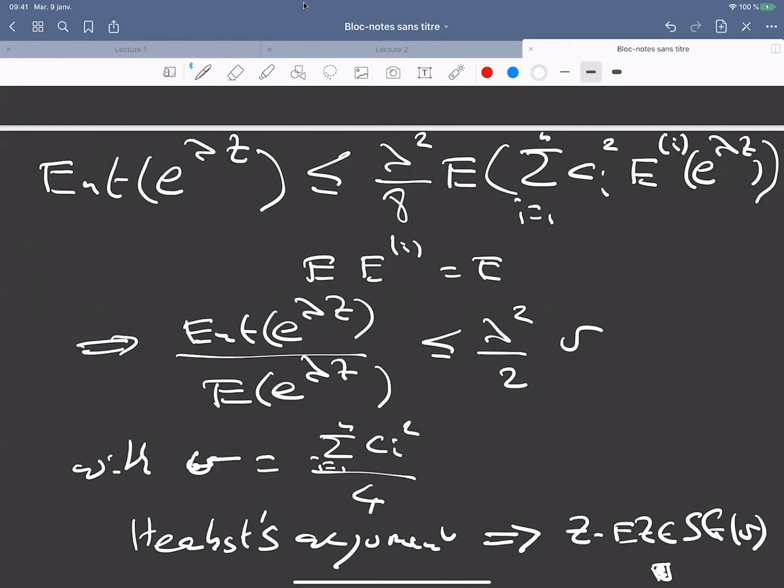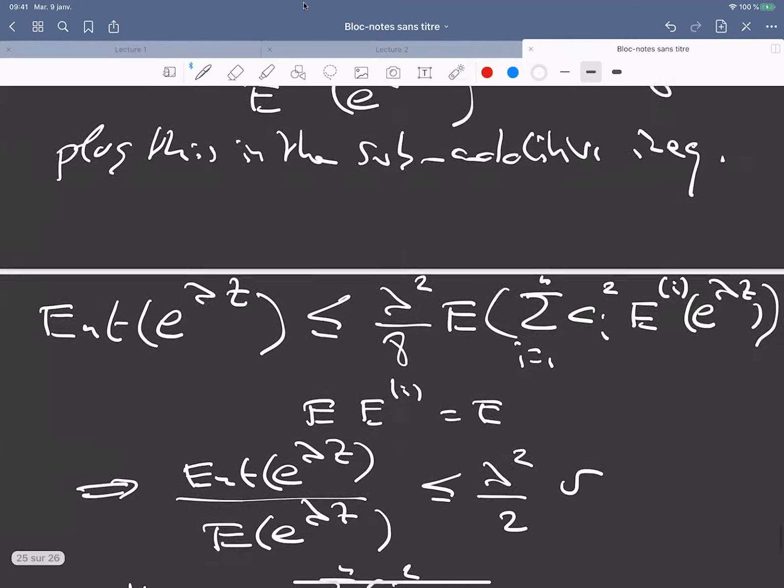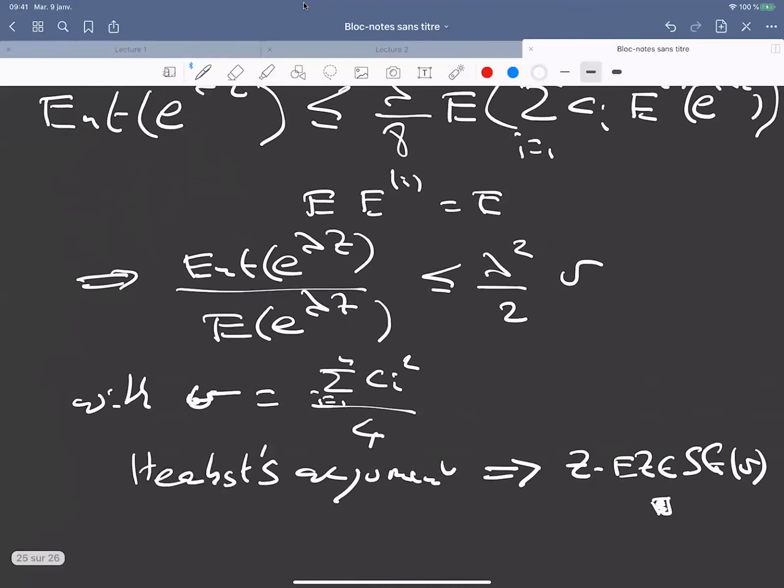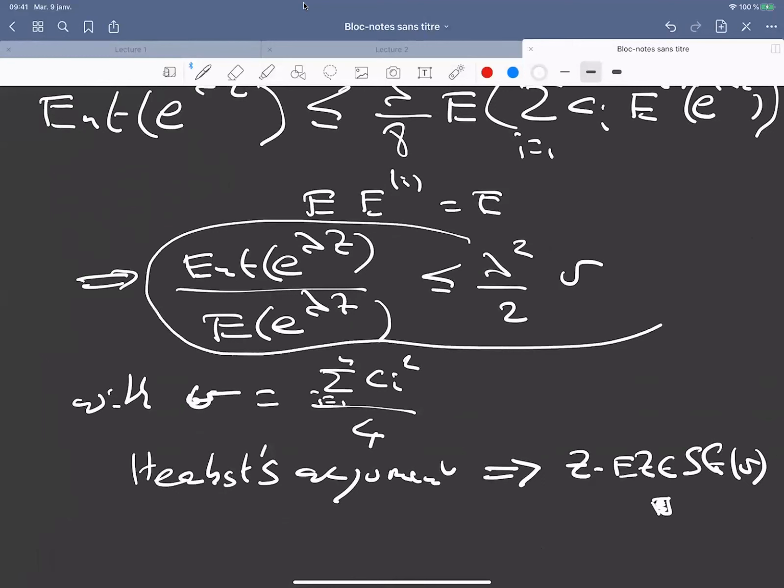So you see, this is very neat and clever in some sense, because this way of seeing a sub-Gaussian variable is exactly the right one if you want to prove McDiarmid, because it holds true for a bounded variable by Hoeffding's lemma, or at least by the strong form of Hoeffding's lemma, on the one hand. And on the other hand, when you have this in your pocket, this implies sub-Gaussianity.